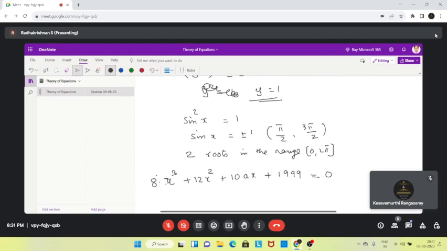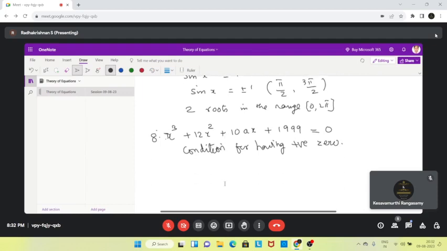It definitely has got a positive zero. What is the condition for this to have a positive zero? So what formula will we use here?